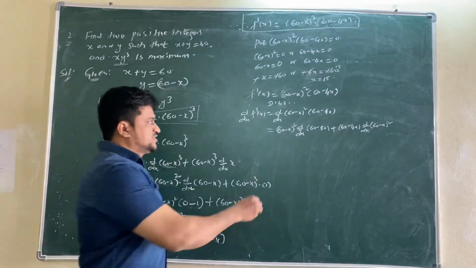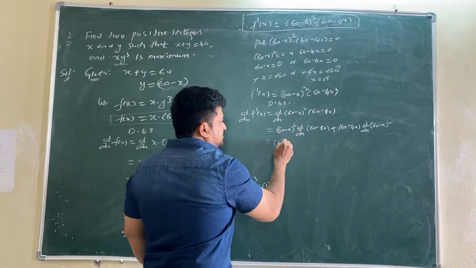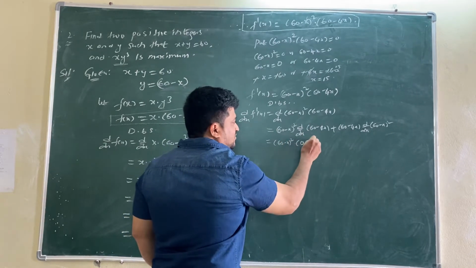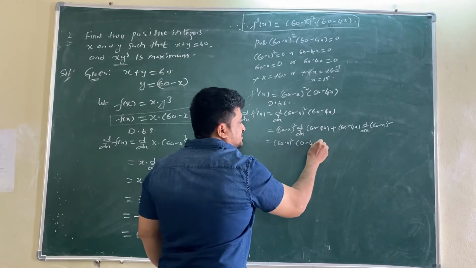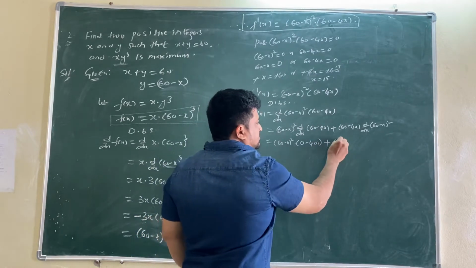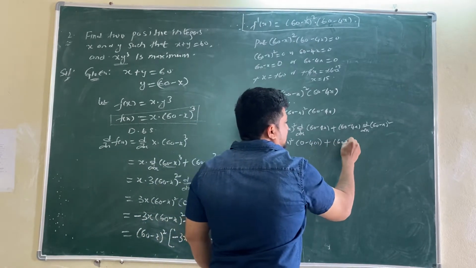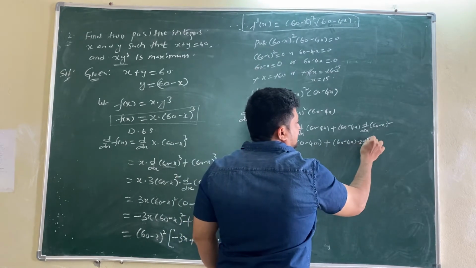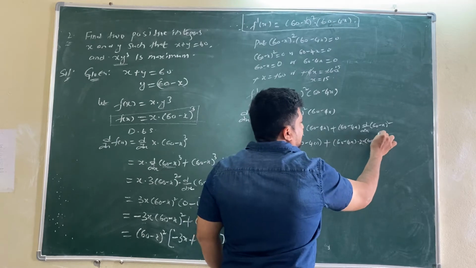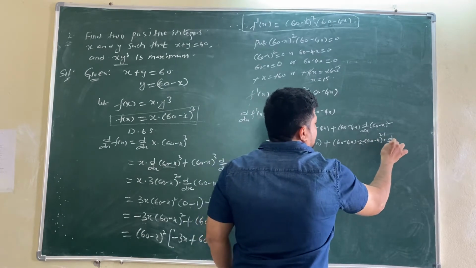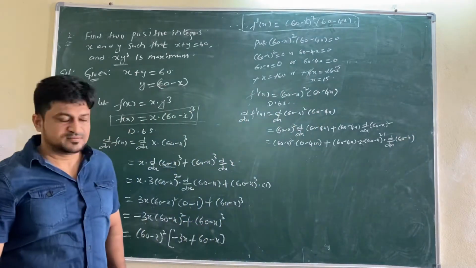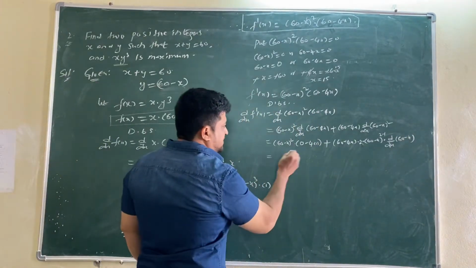Now we have to differentiate 60 minus x whole square: if I differentiate 60, it is 0, minus 4 into derivative of x, which is 1. 60 minus 4x into x power n. Yes, sir. Next step, this is minus 4.